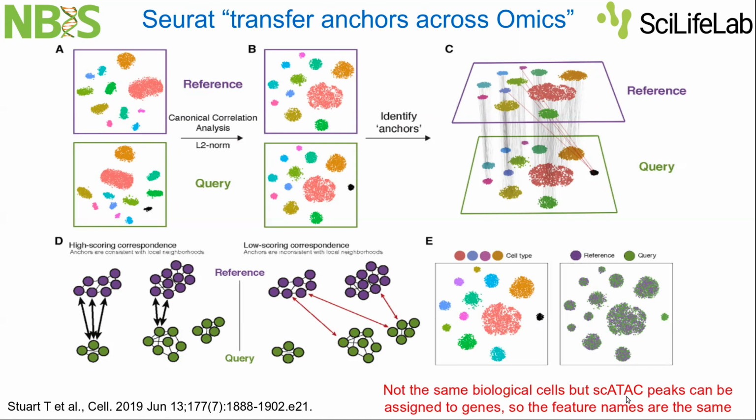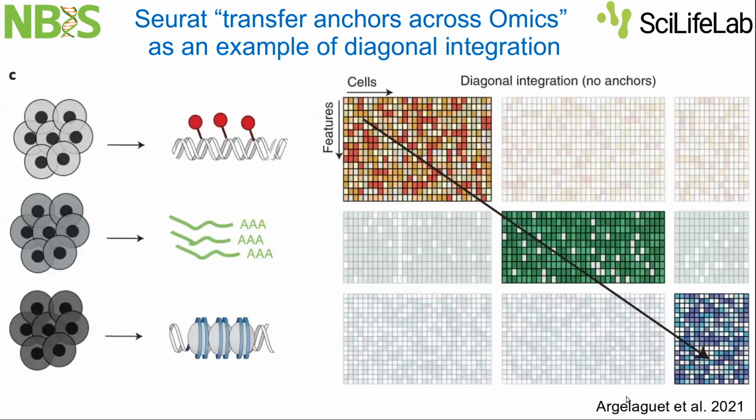So ideally, this method belongs to what is called diagonal data integration, when the cells are different and the features are different. That was a super challenging integration. It was discussed in the Ricard Argelaguet paper. Basically there was no good strategy developed at that moment.